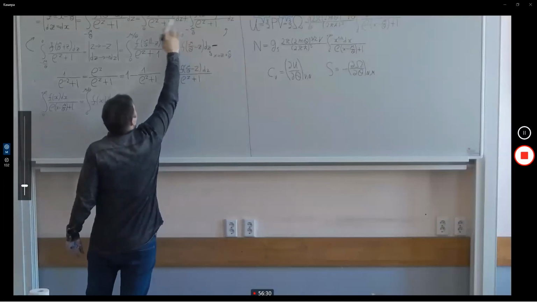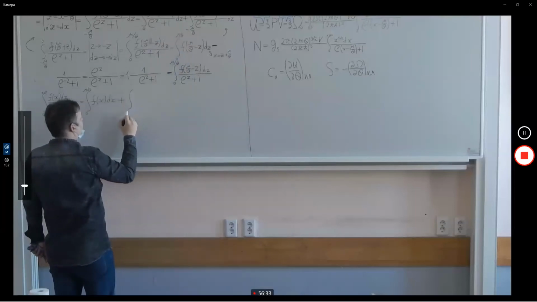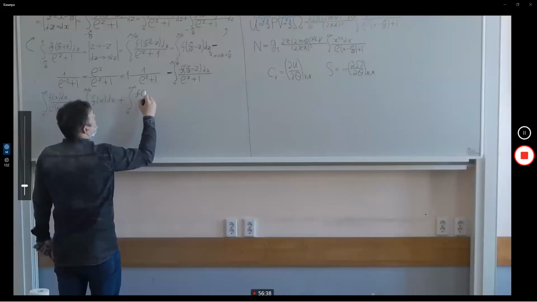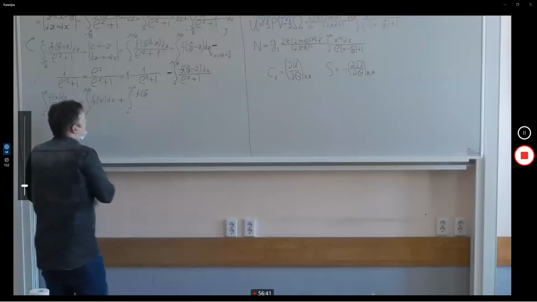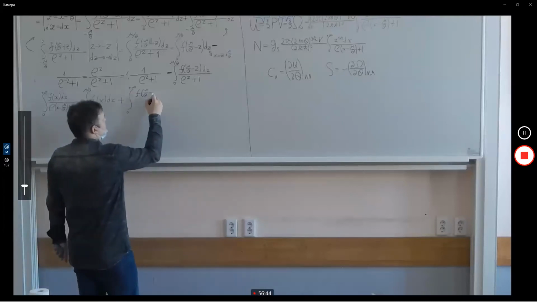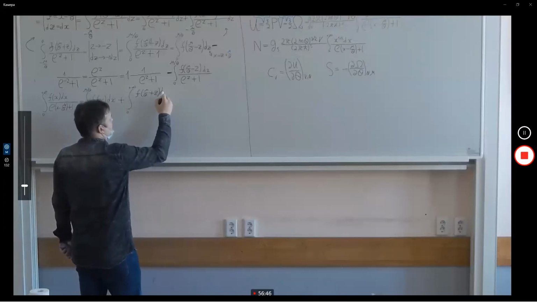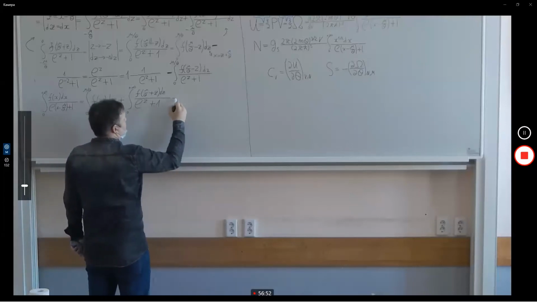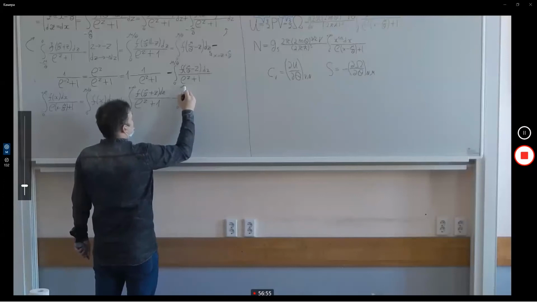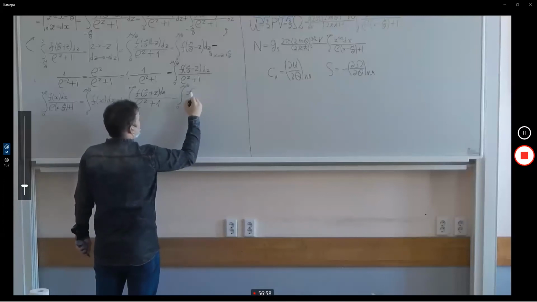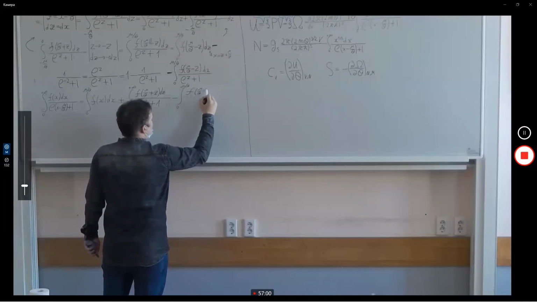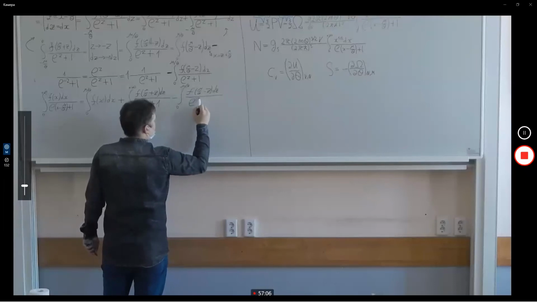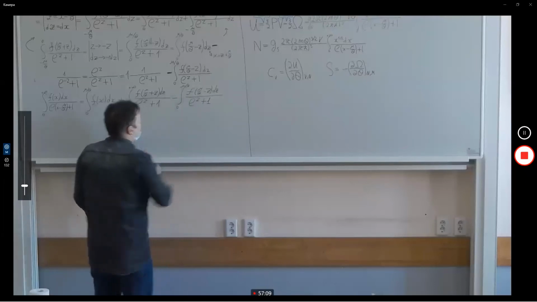Plus, I rewrite this part: the integral from 0 to plus infinity of f of mu divided by theta plus z dz, minus the integral from 0 to mu divided by theta of f of mu divided by theta minus z, over e to the power z plus 1.